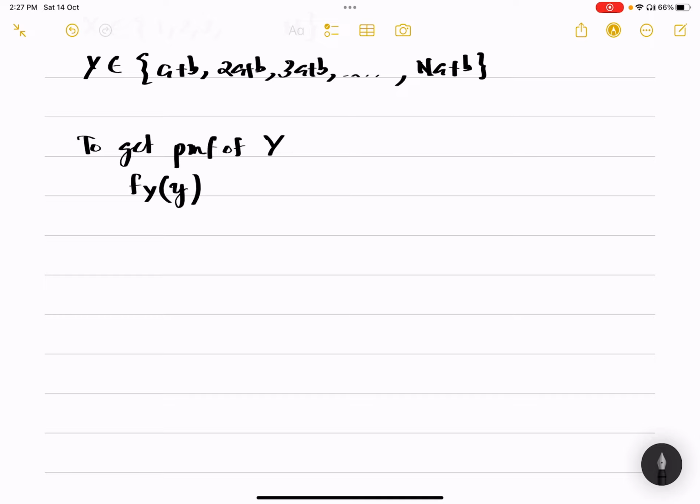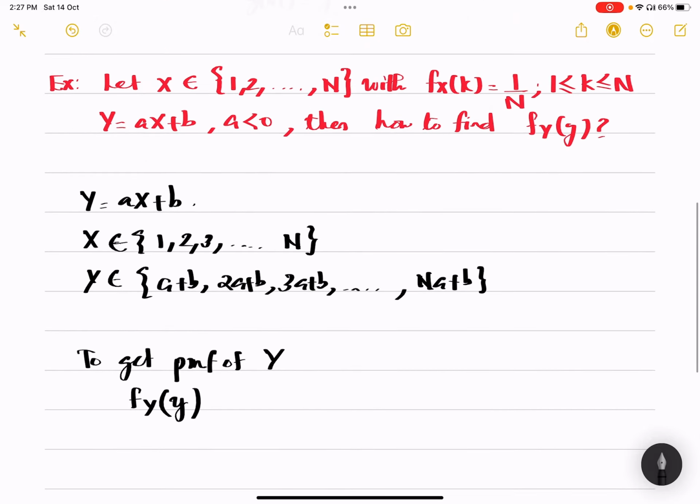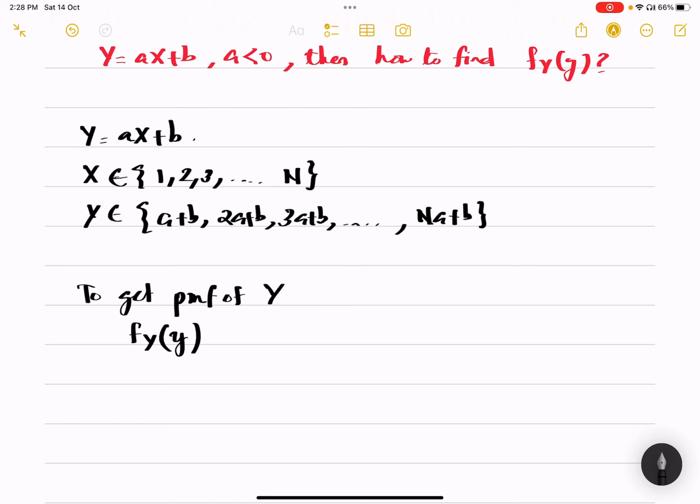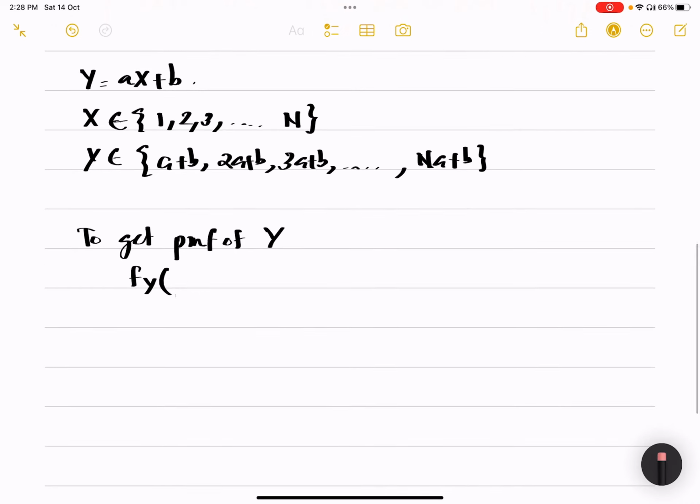So how do we specify the mass function of a discrete variable? We normally use another dummy variable for this. We normally don't use x as it is.